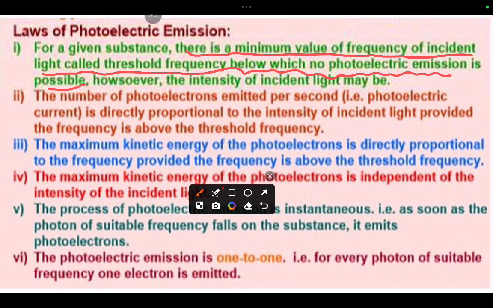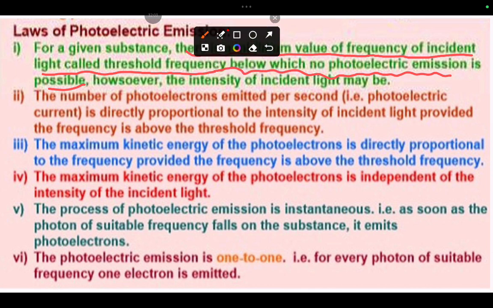So here we need a certain frequency to eject the electron, and that frequency is the threshold frequency. The number of photoelectrons emitted per second, which is nothing but the photoelectric current, is directly proportional to the intensity of incident light, provided the frequency is above the threshold frequency.